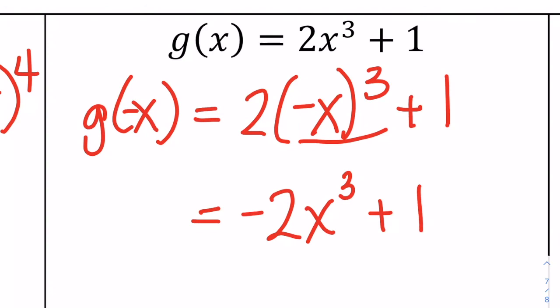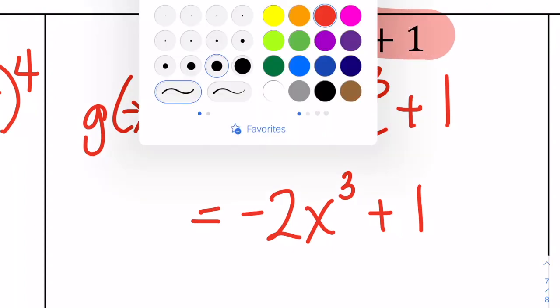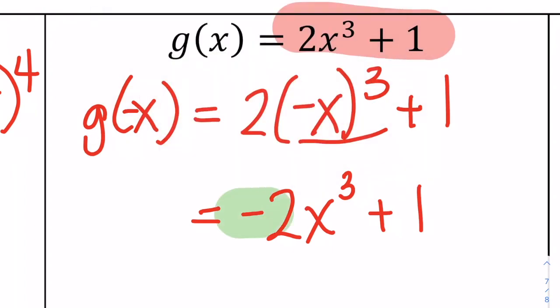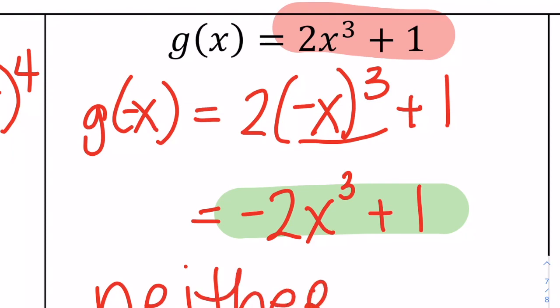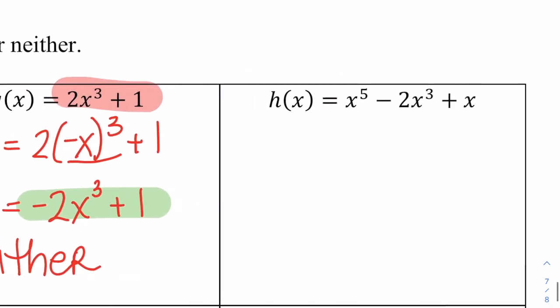Well, if you notice, this is 2x cubed plus 1, but this next one is negative 2x cubed plus 1. They are not the same. So if they're not the same, and they're not opposites, that function is neither even nor odd.